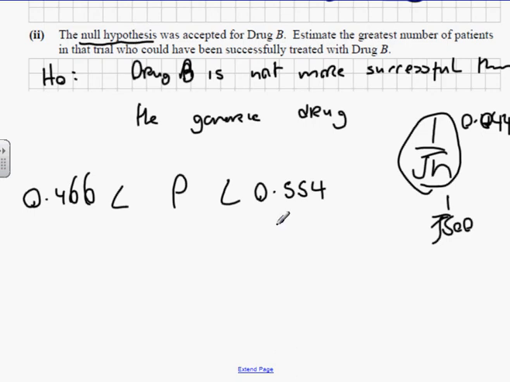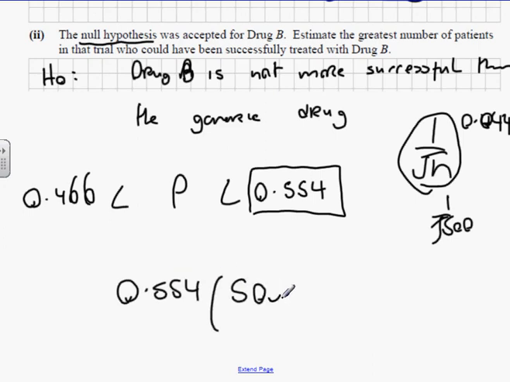Therefore, the maximum allowance we're allowed to have is 0.554 at best. Then this 0.554 multiplies by 500, and how many people did we test? 500. Multiply 0.554 by 500, and what do you get? 277. Okay, that's the answer.